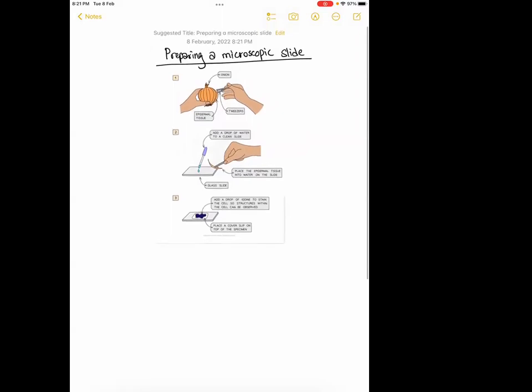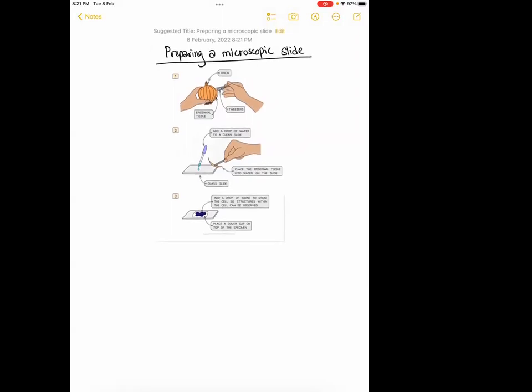I cannot really zoom in, but I think you can clearly see যে কি কি লেখা. So এখানে they're preparing a slide of the onion skin, onion epidermis. So you can see that they're peeling off an onion with a tweezer. This is a tweezer. It's already labeled, sorry.